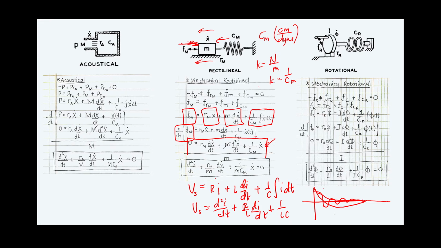So you have three possible damping types depending on the value of your R, L, and C. And in the mechanical rectilinear, depending on the value of your mass Cm, and the friction Rm.